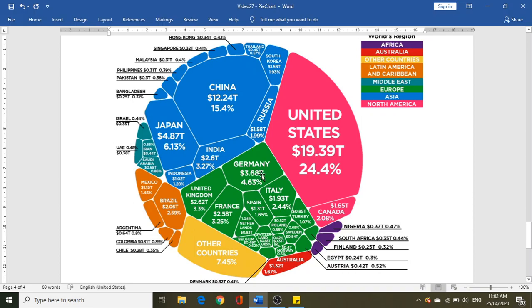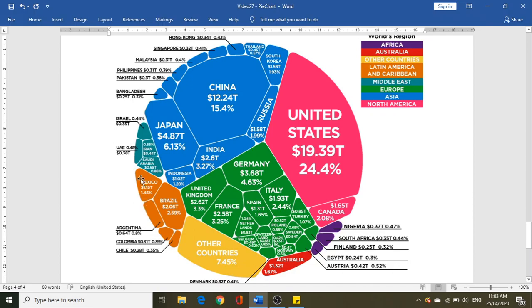So Germany has the biggest GDP for the EU, followed by United Kingdom and France, which have very close figures, and Italy at fourth. And then the rest of the figures we will just ignore. And probably we will mention other countries as contributing 7.45%.